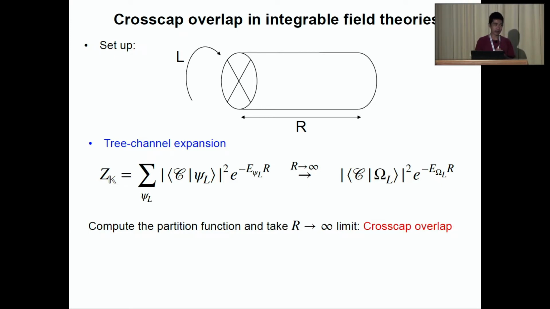The first way is to expand in what's called the tree channel expansion, which is to insert a complete set of states here, viewing R as the time direction.